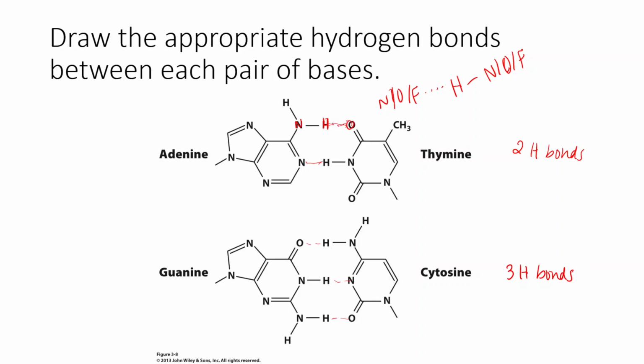And we see that for all of them. They're all linear, and they're all attached to a nitrogen, and then they make hydrogen bonds either to a nitrogen or an oxygen. Any questions about the hydrogen bonds between the bases? All right.